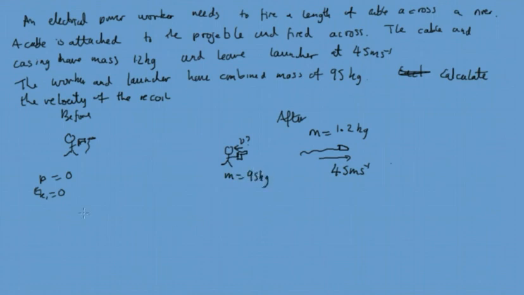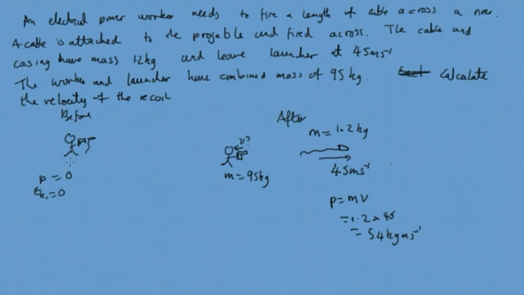So the momentum of the projectile and the cable is P equals mv. The mass is 1.2 and the velocity is 45. So their combined momentum is 54 kilograms meters per second.